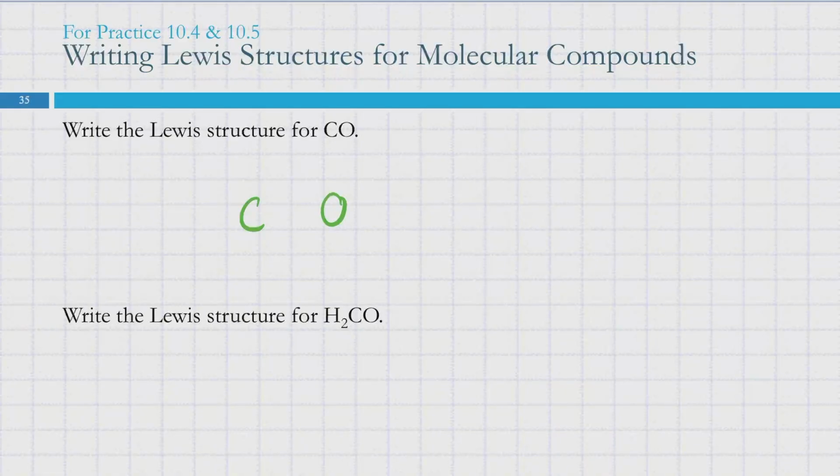How many valence electrons do we have access to? It's a little harder when you don't have a periodic table. There's just the little one in the back of the class. Carbon has 4, oxygen has 6, so it's 10 total.